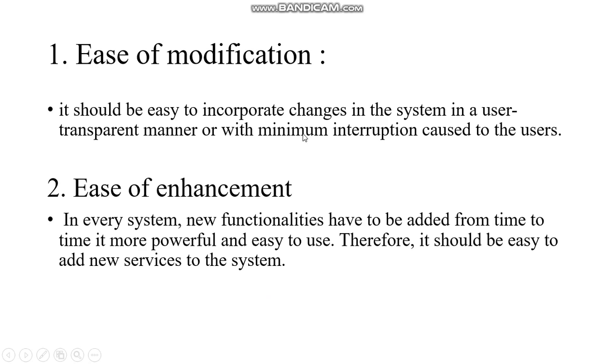Ease of modification: any changes to the system should be done easily with minimum interruption. And the next one is functionality. If you want to add a new functionality to the system, it should be done simply and easily. These are the flexibilities that should be provided for distributed systems.